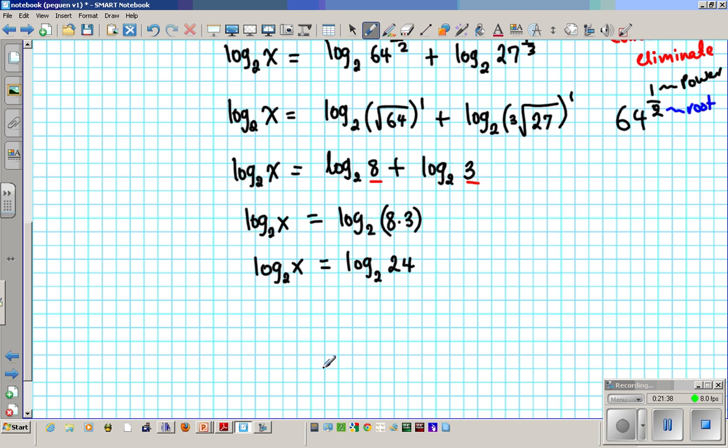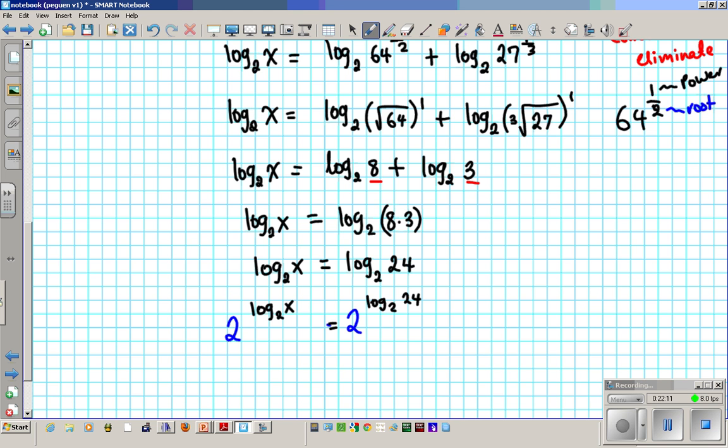Okay? Now it's nicely consolidated on both sides. Now let's eliminate. What is the opposite of log? Exponents. We're going to exponentiate both sides using the base. The base is 2 and 2. So put a big 2 here and a big 2 here. Everything else gets exponentiated, so you have a little log base 2 of x and a little log base 2 of 24.